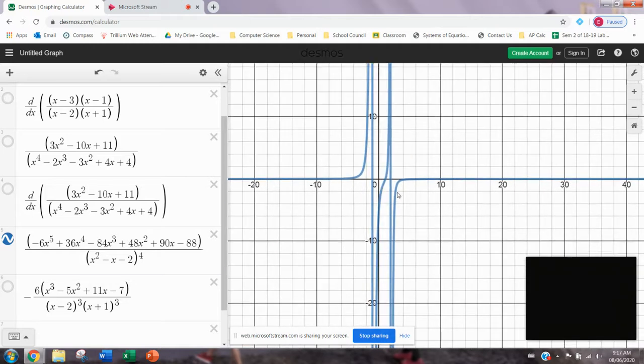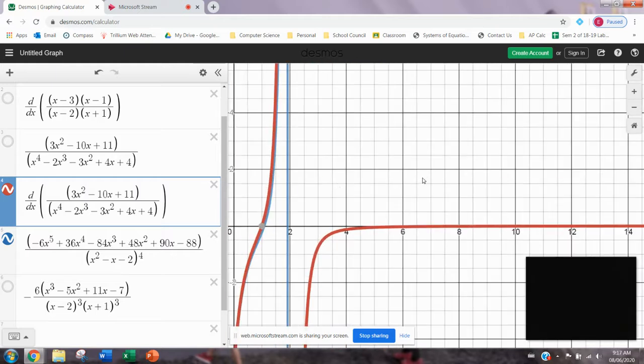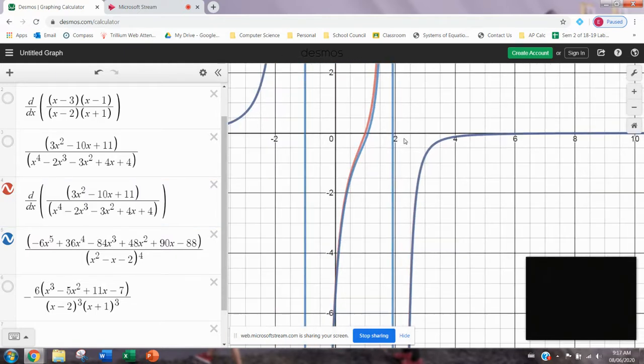To check this, I'm going to also graph the derivative of the first derivative. So I'm putting the first derivative that I did check and I know is correct in a function that takes the derivative of it, and I'm going to graph that. Now it looks pretty good, but if you zoom in, you'll see here it actually does not lie right on top of each other.